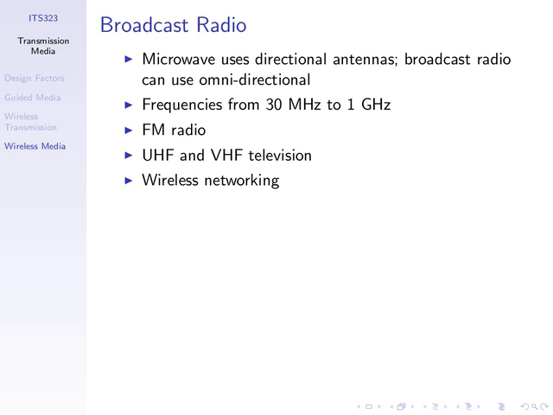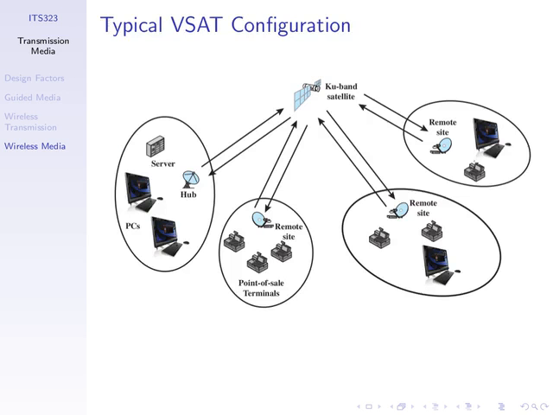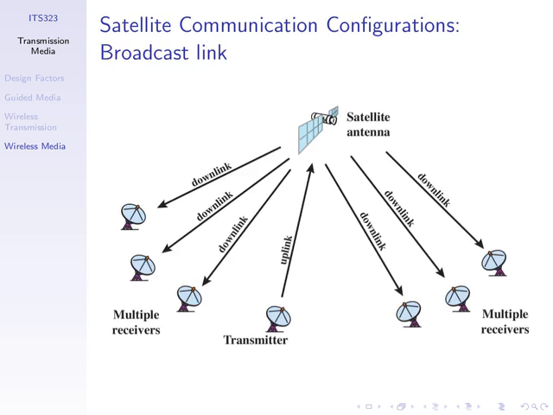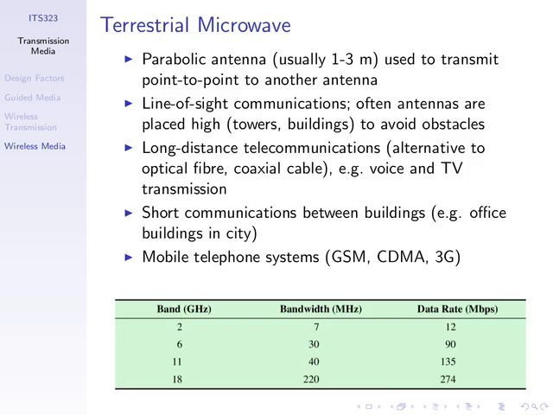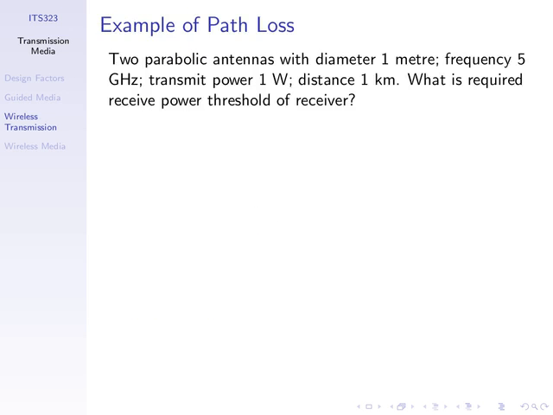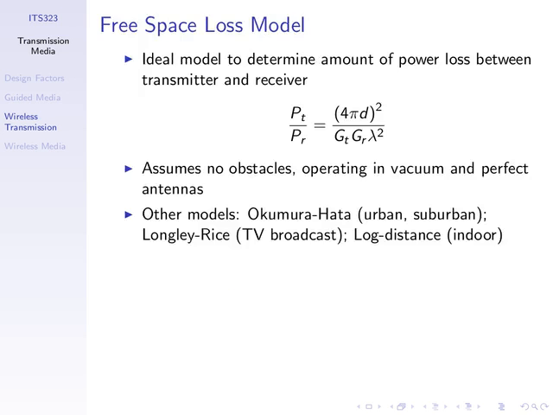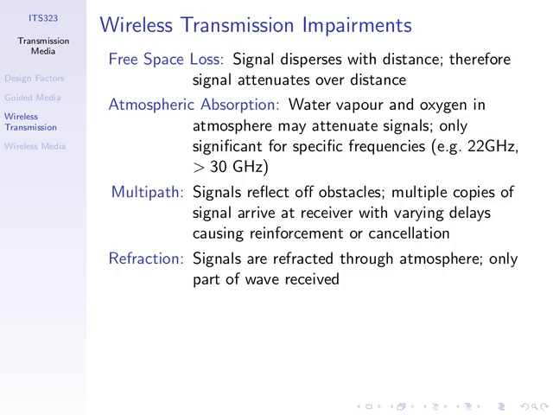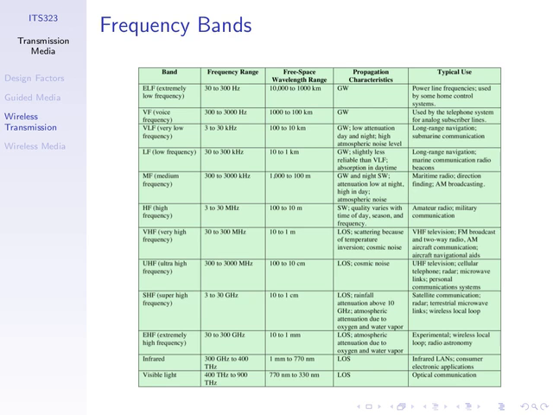The frequency bands. If you go back to, I think, the second or third slide in this handout, you'll see this table of the spectrum. UHF and VHF refers to, let's go back. In fact, this table has it as well.